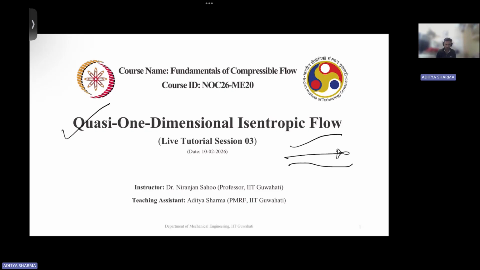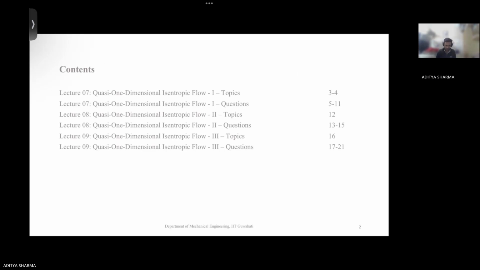That is why we are calling it quasi one-dimensional isentropic flow. So three lectures are there in this week's content, lecture 7 to lecture number 9.